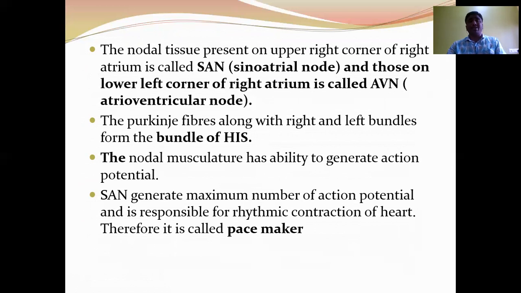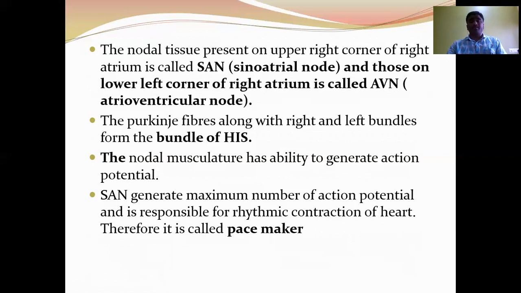It generates electric impulses at a regular rhythm and a regular interval. And a patch of nodal tissue present on the lower left corner of the right atrium is called atrioventricular node. The SA node is called the pacemaker of the heart, and the AV node is called the pace setter of the heart.